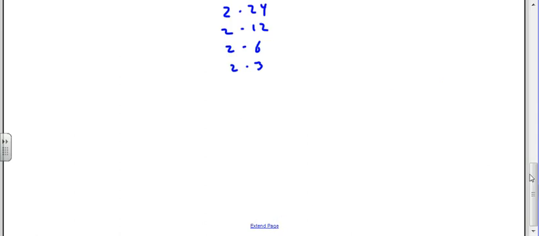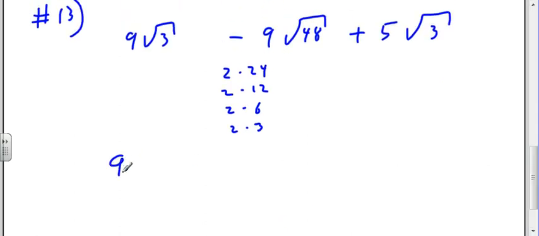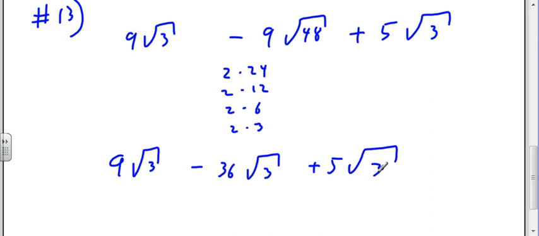So I'm going to have 9 the square root of 3 minus 4 times 9, 36, 36 the square root of 3 plus 5 the square root of 3, and I'm going to have, I don't know, minus 30, minus 22, minus 22 the square root of 3. Is that what I got? Yeah, okay.